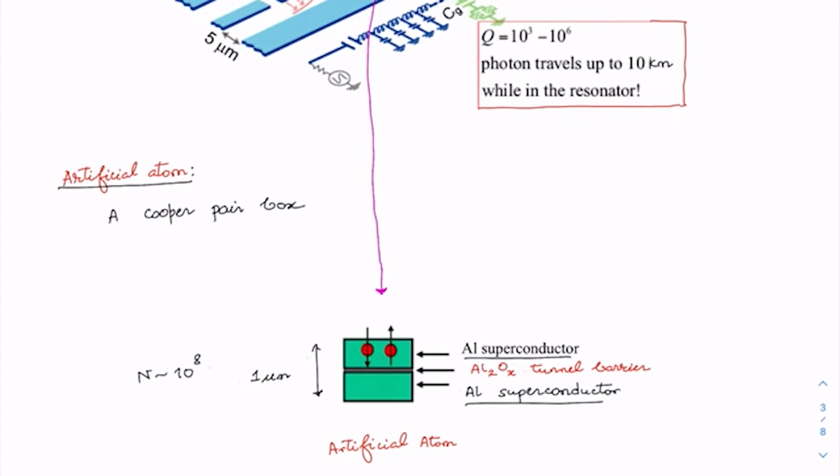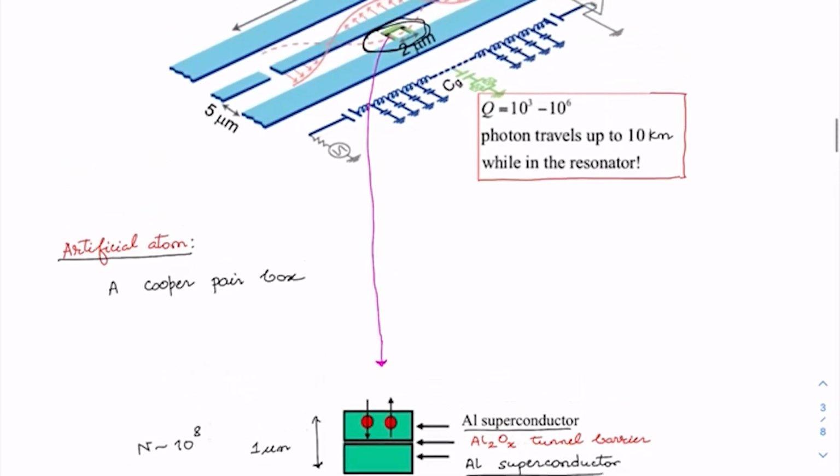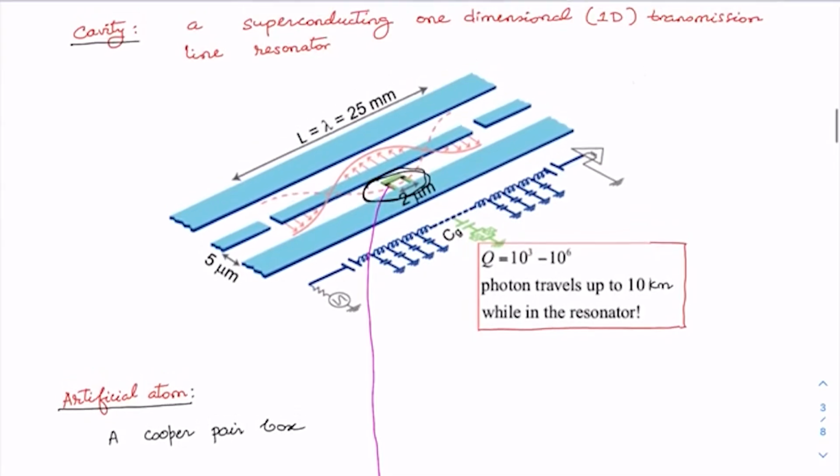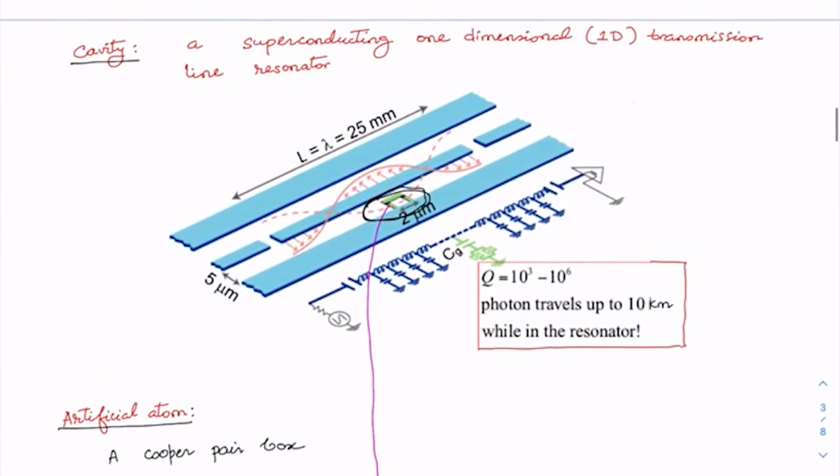And tunneling happens in terms of Cooper pairs, because the electrons in a superconductor always exist in pairs known as Cooper pairs, and these Cooper pairs can tunnel from one island to another island. Another thing to keep in mind is that generally the quality factor of these structures is on the order of 10 to the power 3 to 10 to the power 6.